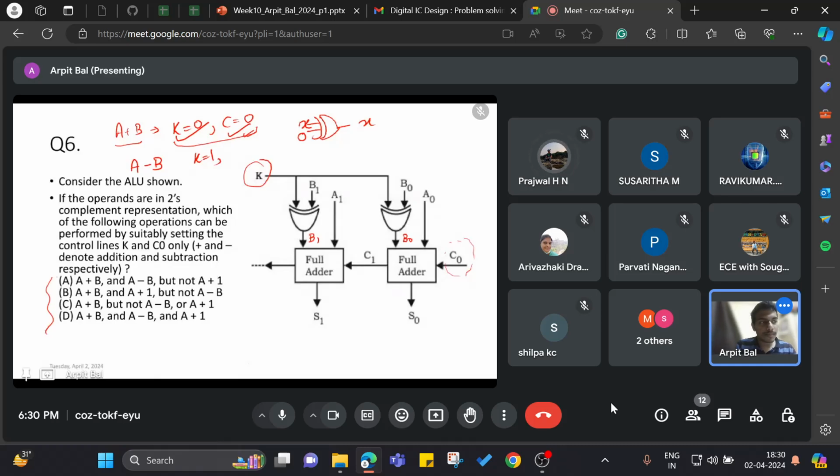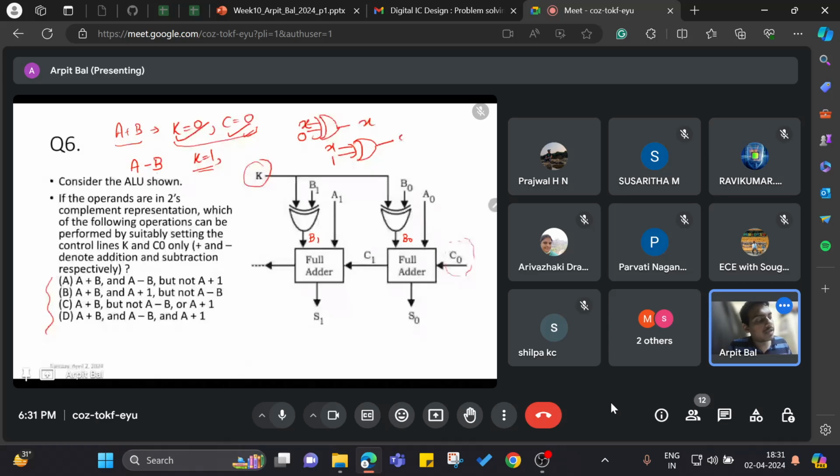You are going in the right direction, but just think a bit more. You have done the inversion correctly by mentioning k equals 1, because wherever you have a XOR gate and you have applied 1, the output that you will get is the complement of the second input. That part you are absolutely correct.